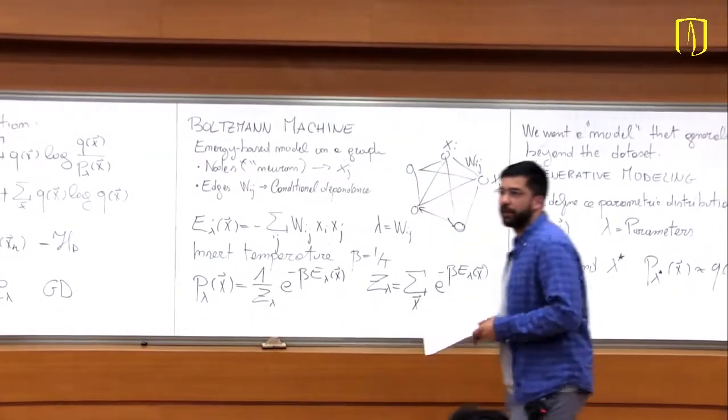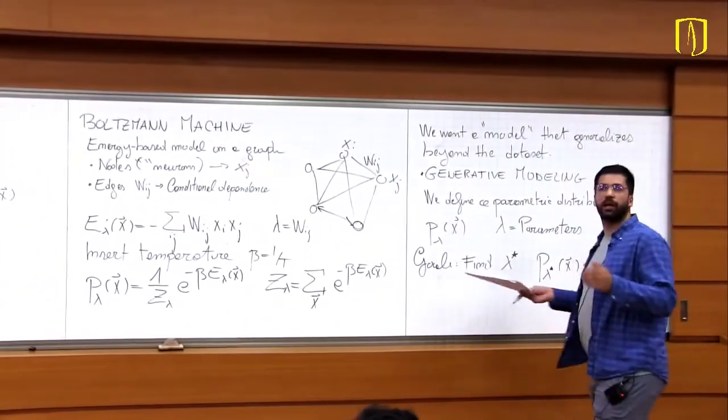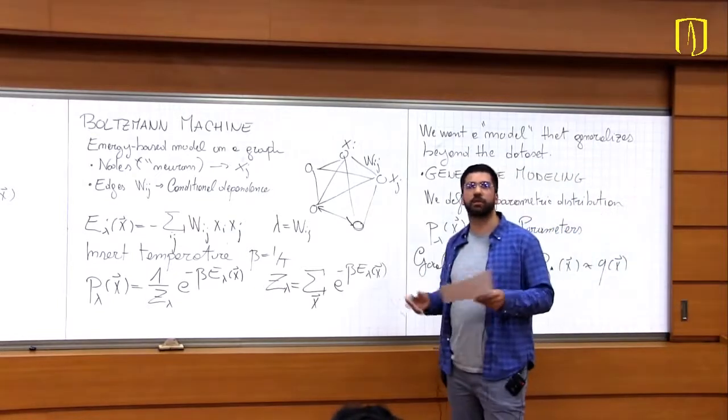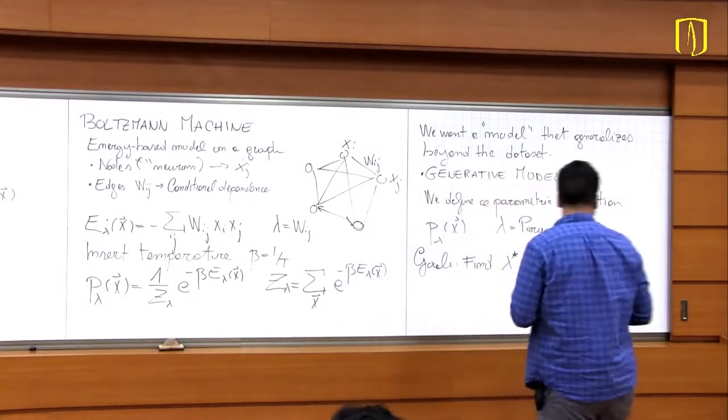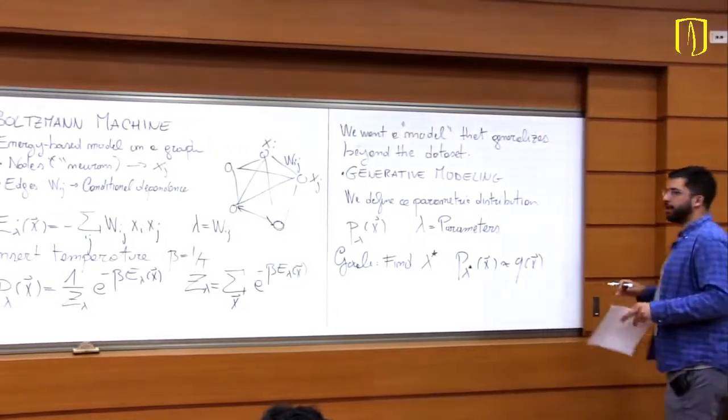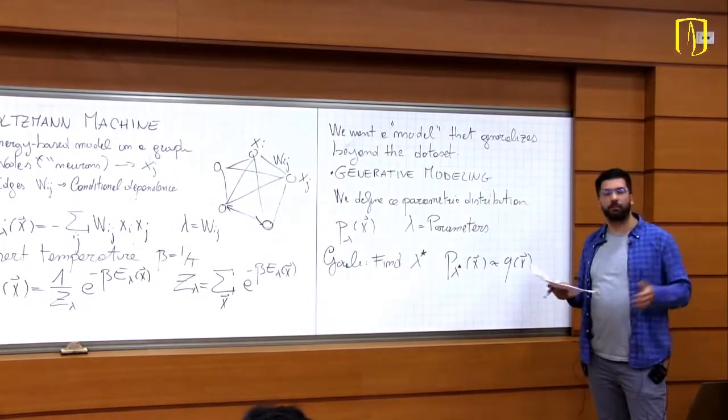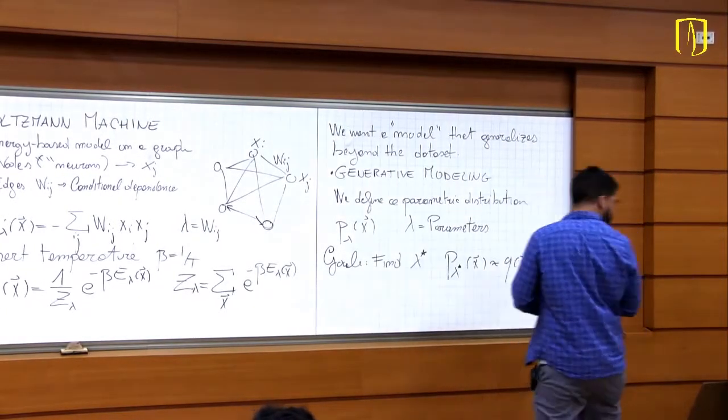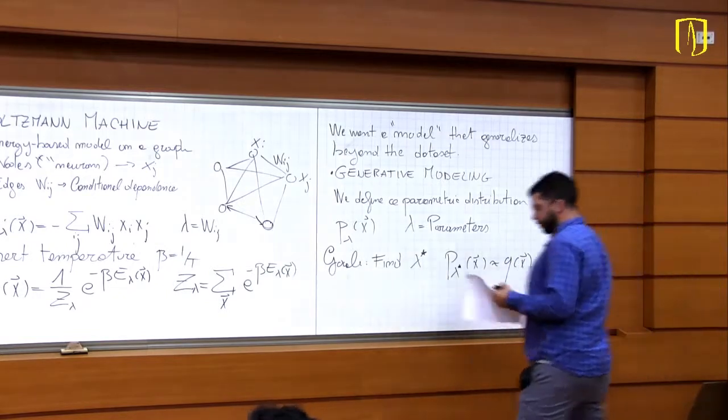The question is whether the W needs to be positive. No, they can be positive, negative, anything, essentially. So it's not like a ferromagnetic model. It could be anything.